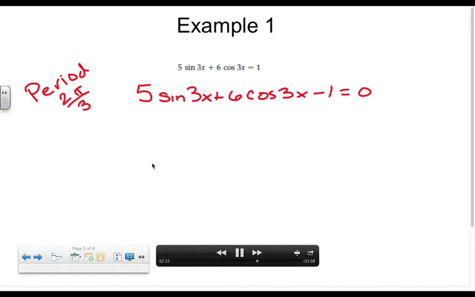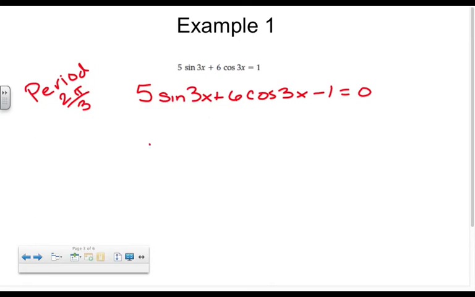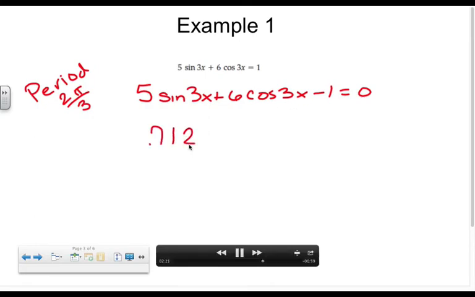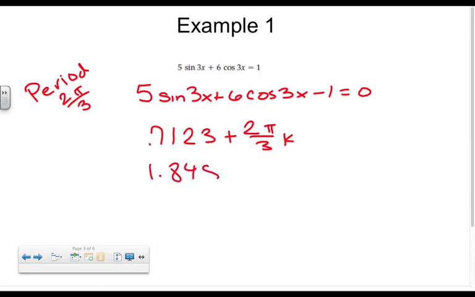Now I'm going to plug this into a graphing calculator and get the answers. I'm going to have 0.7123 plus 2 pi over 3 k, and then 1.845 plus 2 pi over 3 k.